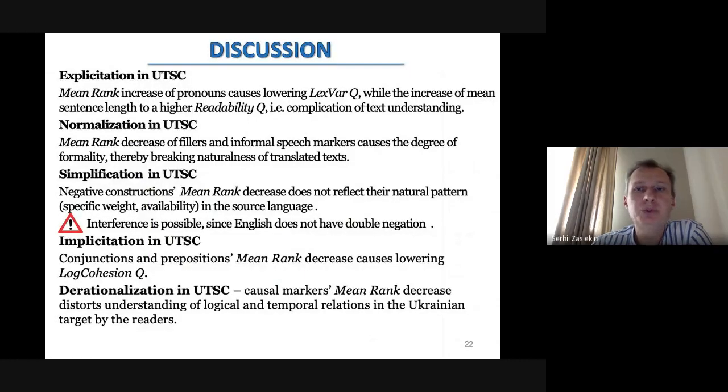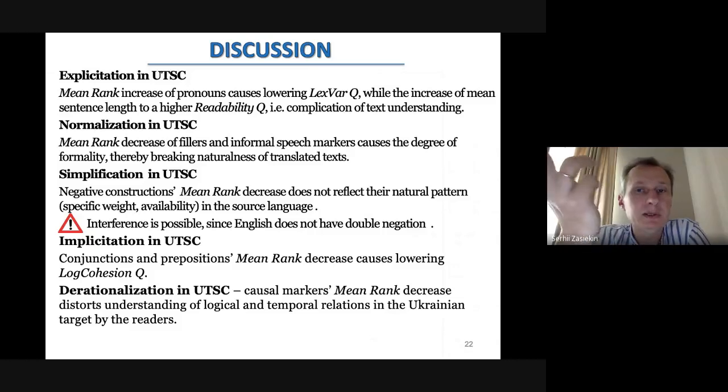Now I want to explain something that was found as a result of the processing. Explicitation in the Ukrainian translated subcorpus can be demonstrated by the increase of pronouns, the mean rank, and this increase of pronouns causes lowering of the lexical variety quotient.